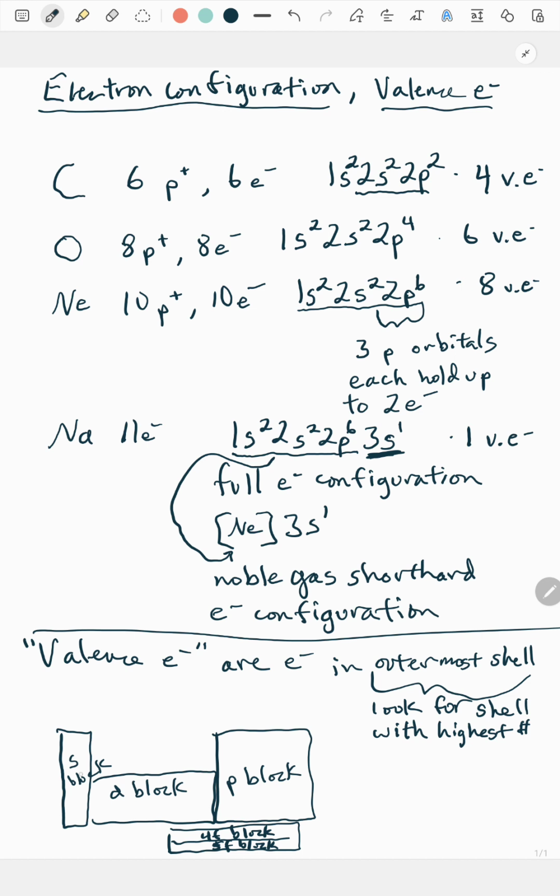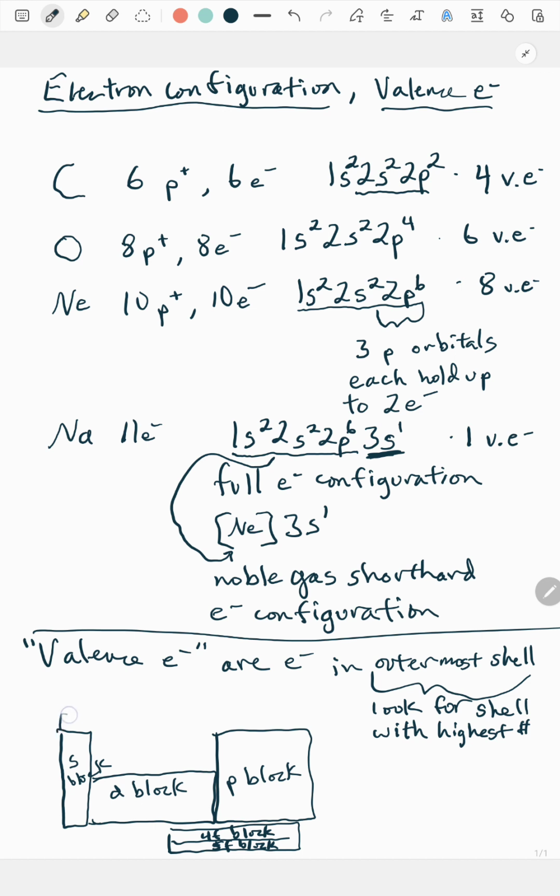This shows us where valence electrons are being filled. Elements in the P block have valence electrons in the P and also S. Elements that are just in the S block only have valence electrons in the S. Elements in the D block have valence electrons in the D, because the d subshell is being filled.